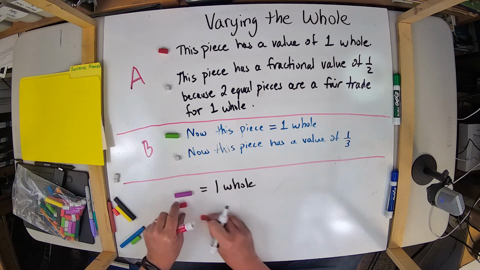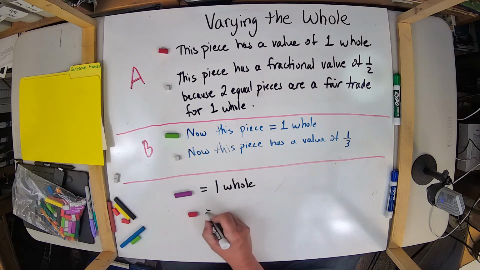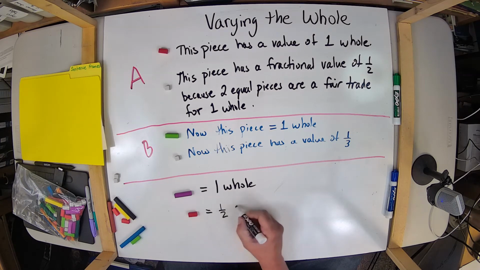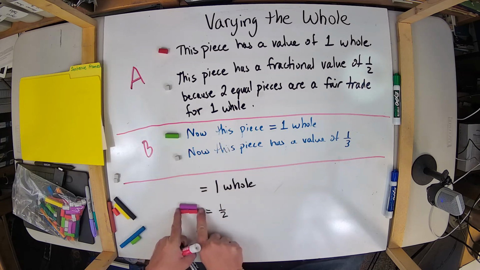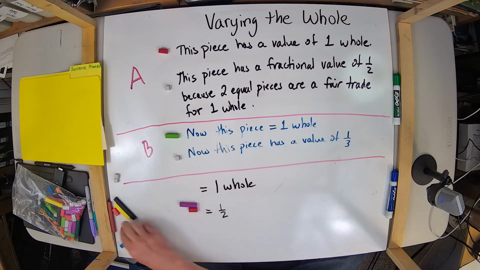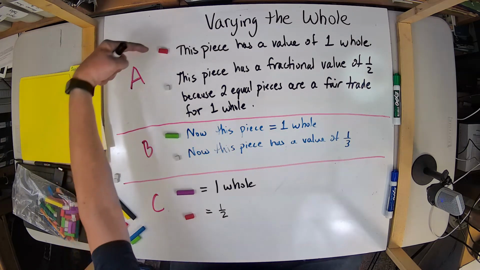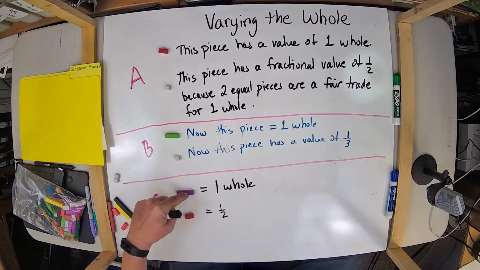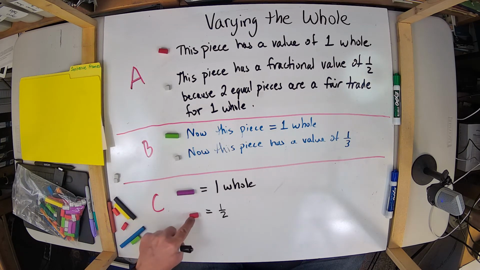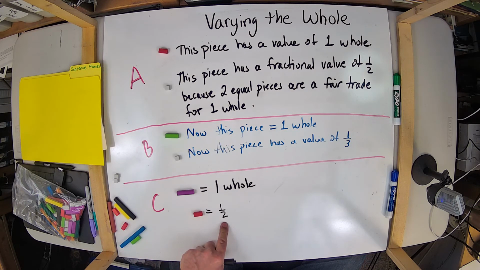And so now the red block is equal to 1/2 because two equal red blocks have the same value or are equivalent to the purple block. Now, I've taken a block from part A that was a whole, and down here, I've compared it to a different whole. And now this takes on a fractional value of 1/2.